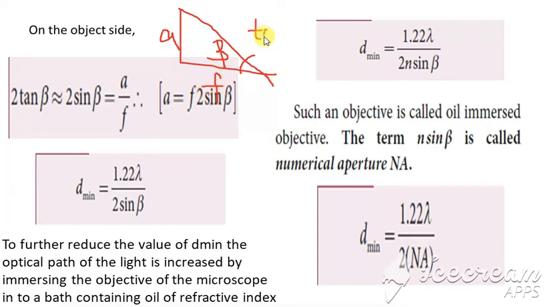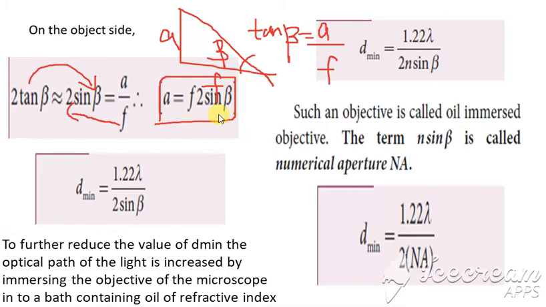From this, find the value of tan beta. Tan theta is opposite divided by adjacent, so we get a divided by f. Here instead of tan we can also write sine, because the value is very small, so all the angles are equal. Bringing this to the other side, we get a equal to f 2 sine beta.